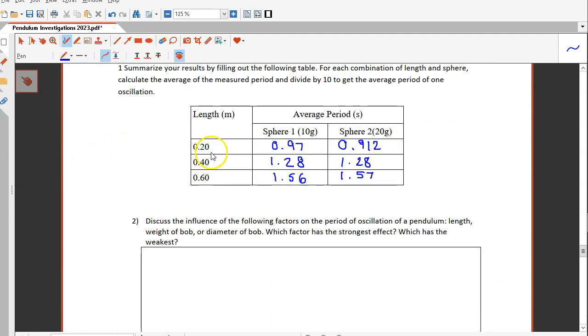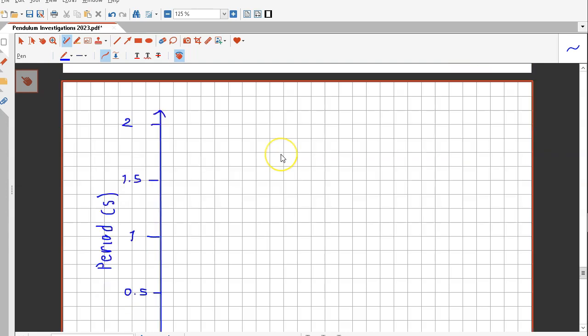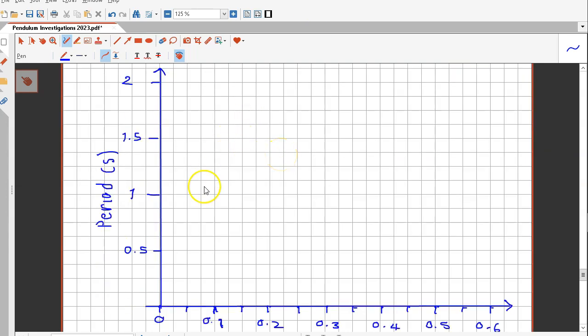So at 0.2 meters for sphere 1, the answer is 0.97. So here's 0.2, and I need to go to 0.97. That's almost 1. So let's have a look at how this works. If that's 0.5, this is 0.75.